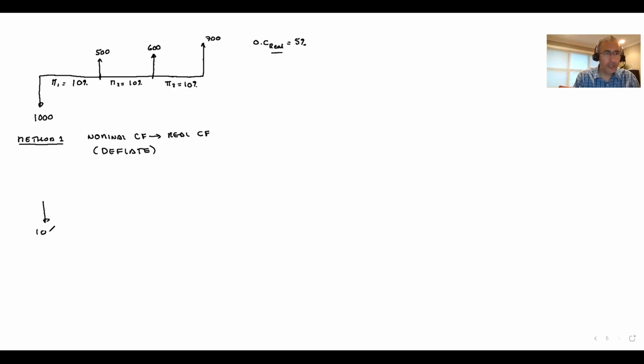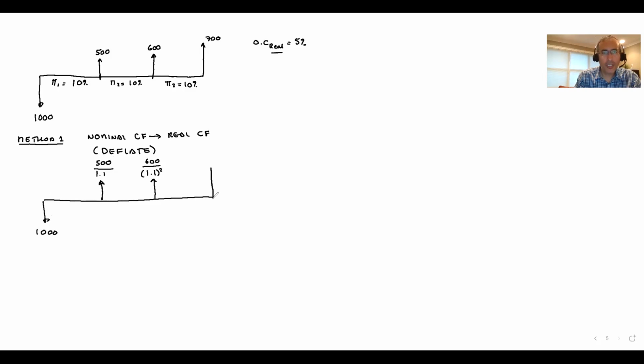So I have my $1,000 here. And these $500 are going to become, now I remove the effect of inflation, divided by 1.1. I want to remove the inflation of the 600. So it's going to be divided by 1.1 squared because I have the inflation of 2 periods.